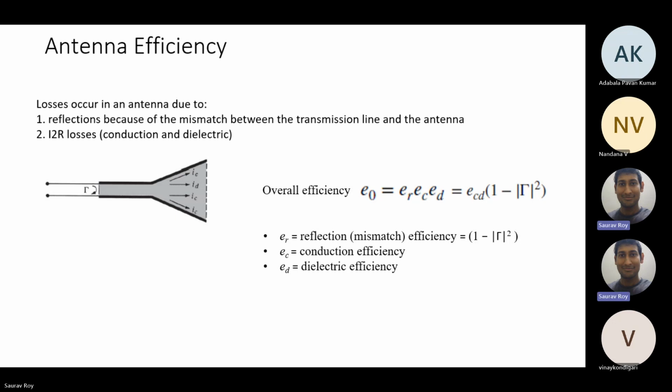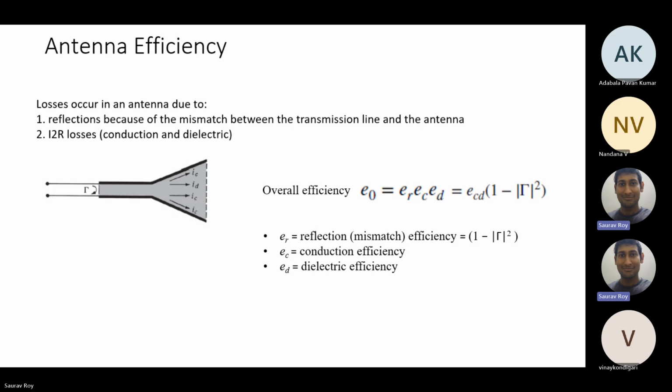So now the definition says overall efficiency is given by e0 equals e_r e_c e_d. Anything, Nandana? No, sir. Okay. So e_c and e_d are taken together as one component, the conduction and dielectric efficiency. The reflection loss, as you know, is defined as 1 minus gamma square.